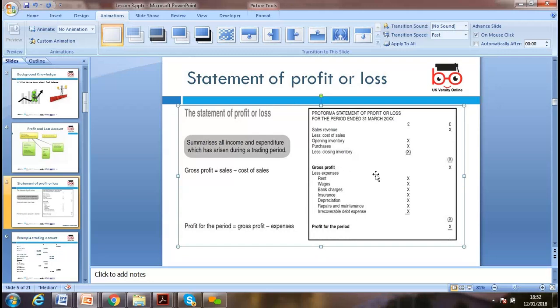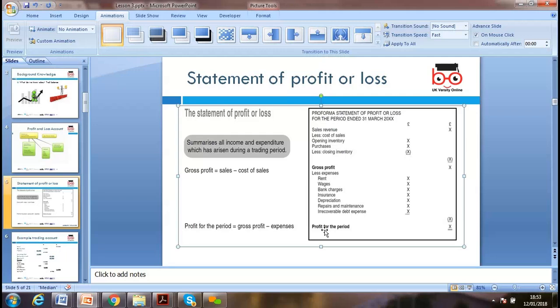This is not a net profit because I have some other expenses as well. So I need to minus all other expenses like rent, wages, bank charges, insurance, depreciation, repair, maintenance, irrecoverable debt, which I'm not going to recover because some people, like our customers, may become bankrupt. So we minus this and it becomes my profit for the year.